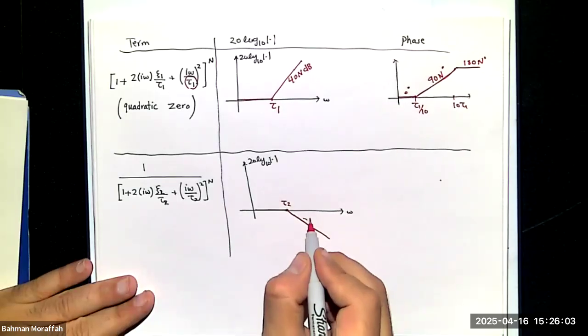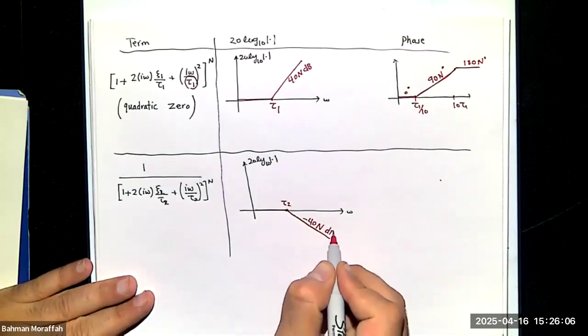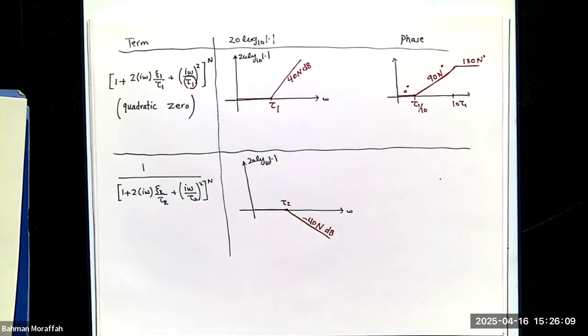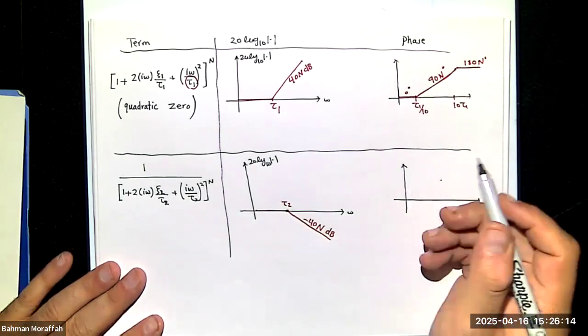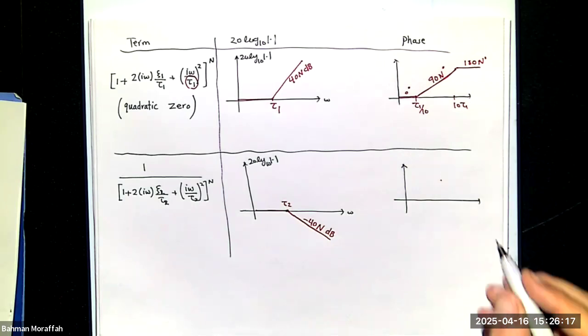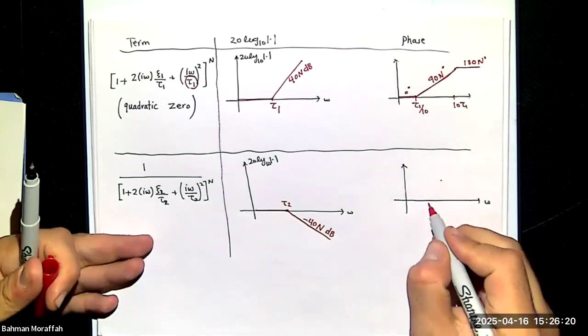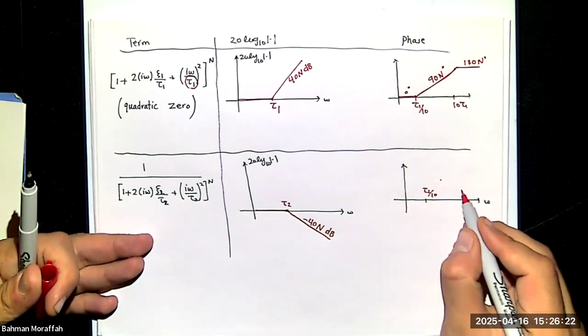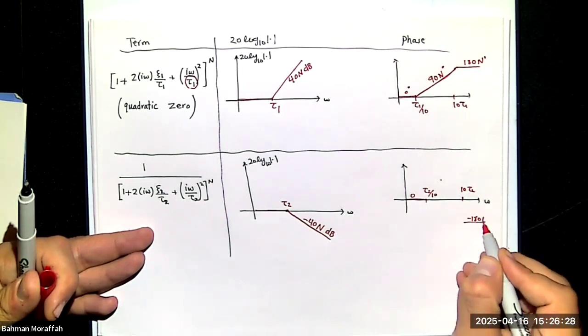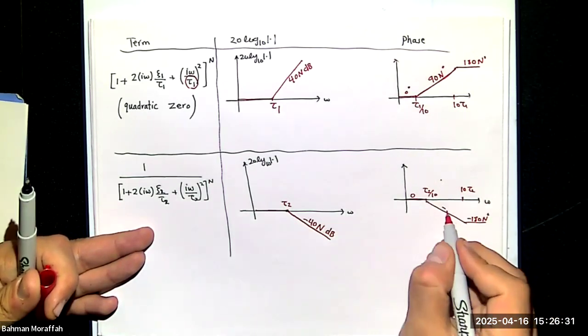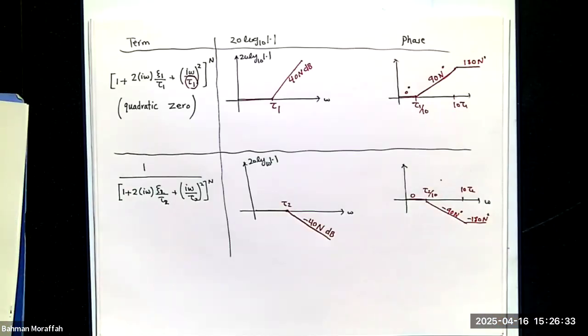And this time I'm going to go down by negative 40 dB. Right? And if I look at the phase, it is just this one flipped with respect to the x-axis. Right? So it is tau 2 over 10, 10 tau 2. This is 0. This is negative 180 times n. And this is going to be negative 90 times n. Right? So as soon as I have these things, I can add them all up. Right? So let's quickly do an example.